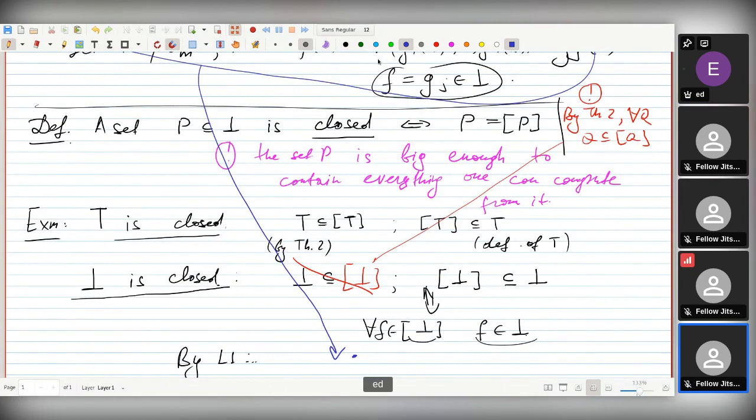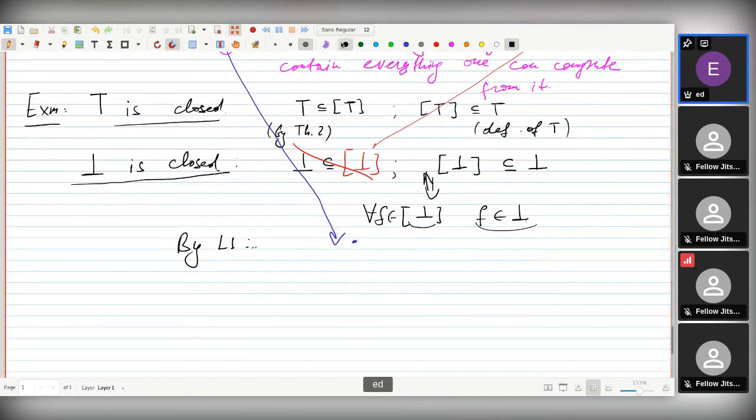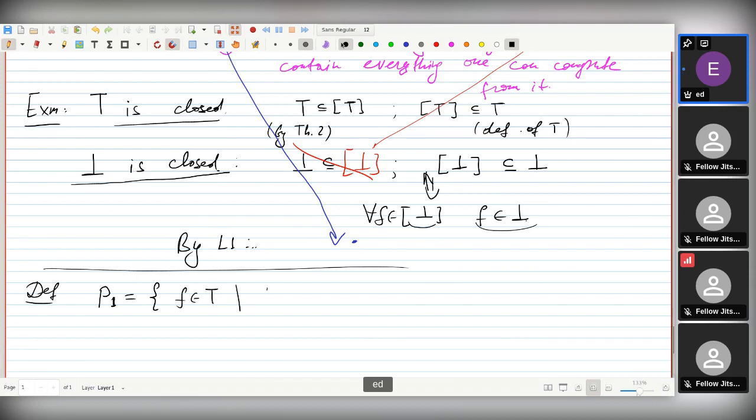Yes. Okay. Now let us construct more examples of closed sets. By definition, P1 is a set of functions that preserve unity, that preserve one. We are already familiar with them, in fact. These are just such Boolean functions that, given all unities as the input, return 1.